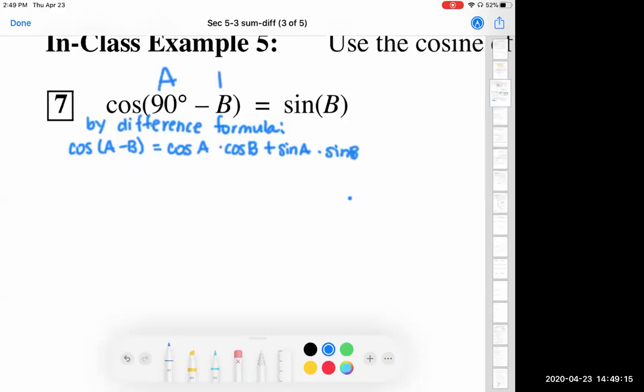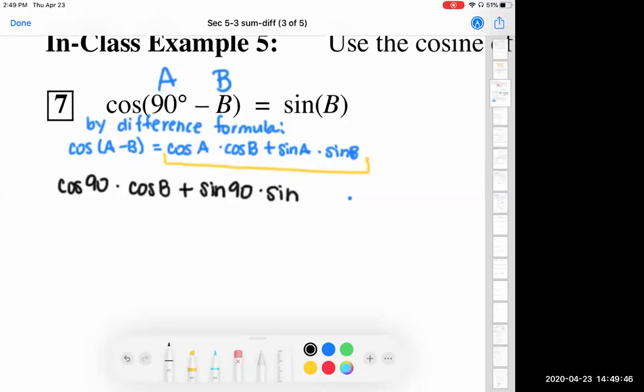Let's make B, B. Let's go ahead and replace that with our function that we have here. Cosine of A times cosine of B plus sine of A times sine of B. If we do so, we're left with cosine of 90 times cosine of B plus sine of A, which is 90, sine of 90, times sine of B.